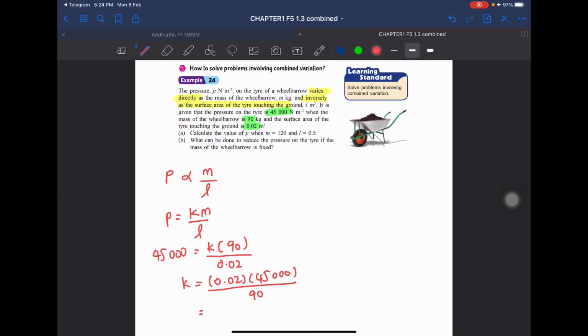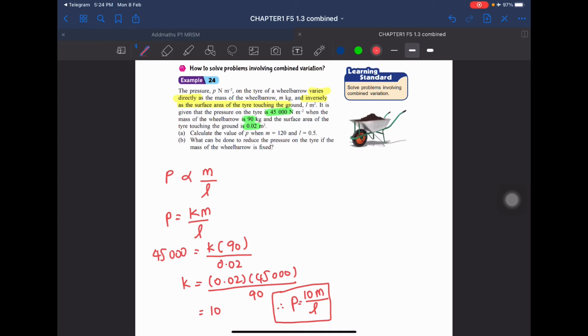Press your calculator and then you get k is equals to 10. So substitute the value of k back into the equation. So P is equals to 10M over L. Next you need to use this equation to solve the rest of the question.